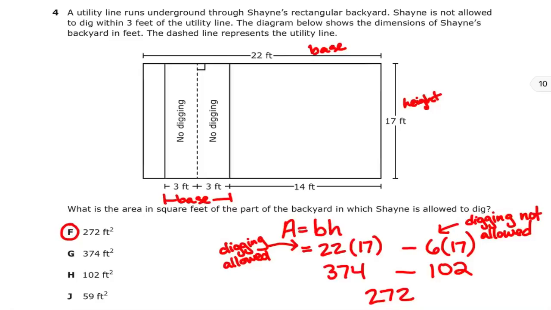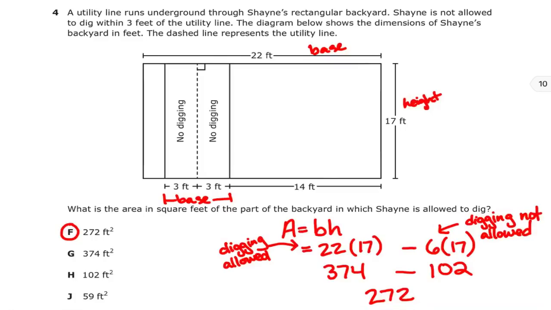So first we're going to find the area of the entire backyard, which is going to be 22 for the base times 17 for the height, which is going to give us 374. And then we're going to find the part that digging is not allowed. I actually wrote digging allowed, but I should have put backyard. 374 is the full backyard.